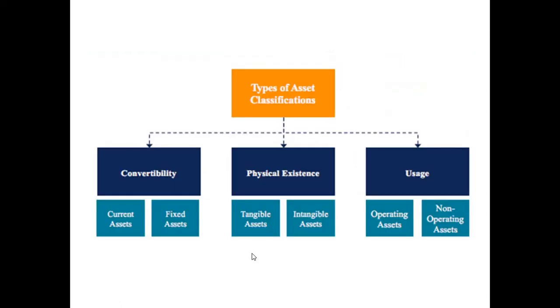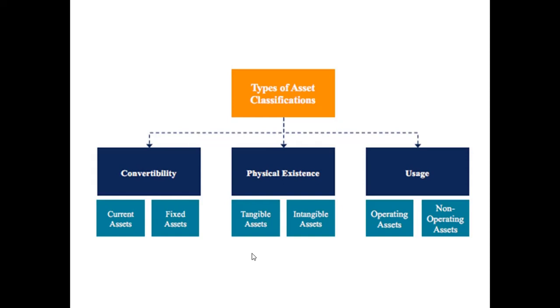Now, intangible assets. By intangible assets, we mean those assets which we cannot see and touch physically, but they do exist in the books of accounts. Their value will be recorded in the books of accounts.